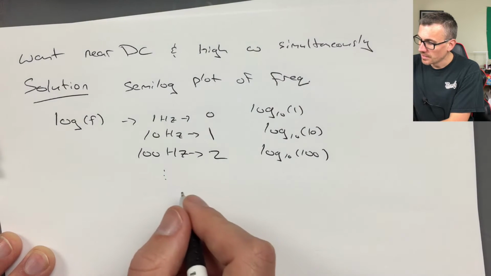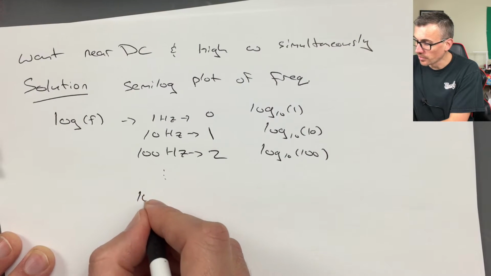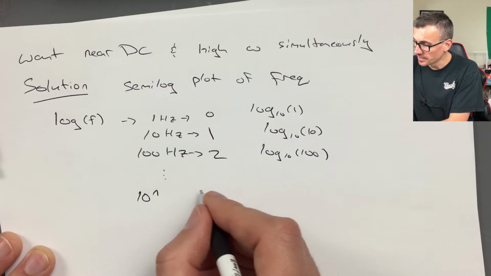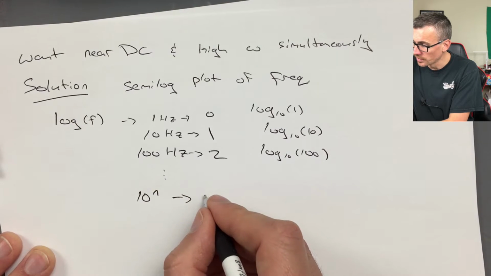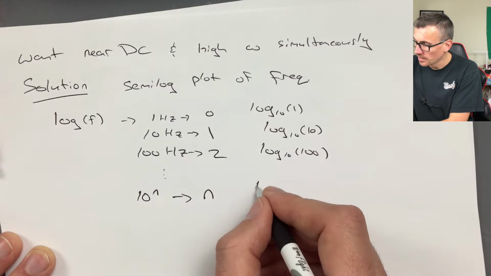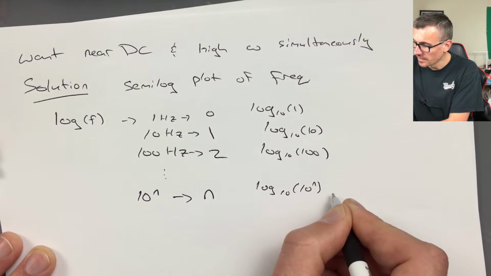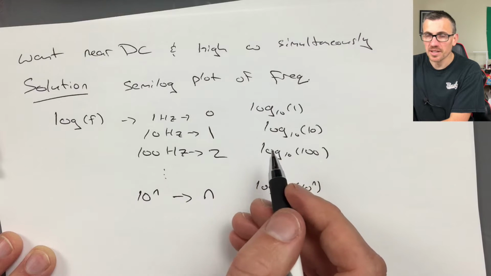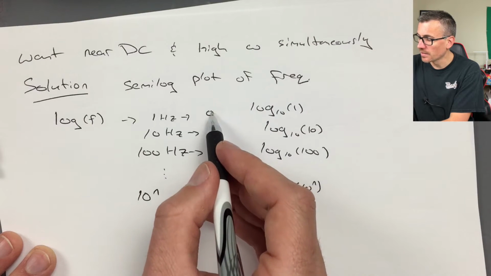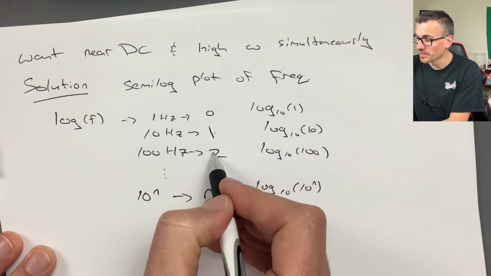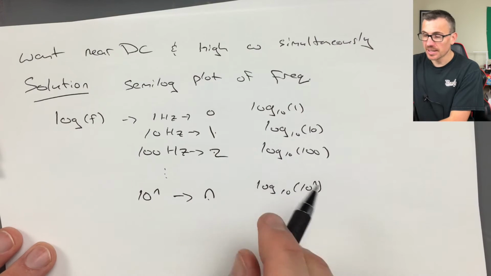And in general, 10 to the n hertz is going to go to n, because log base 10 of 10 to the n is equal to n. This is all to say that each decade of frequency, each power of 10 in frequency gets equal weighting.